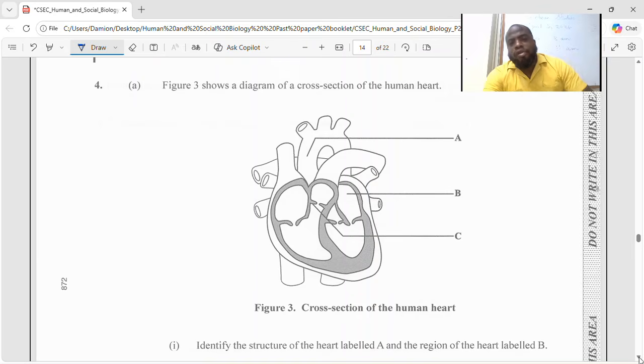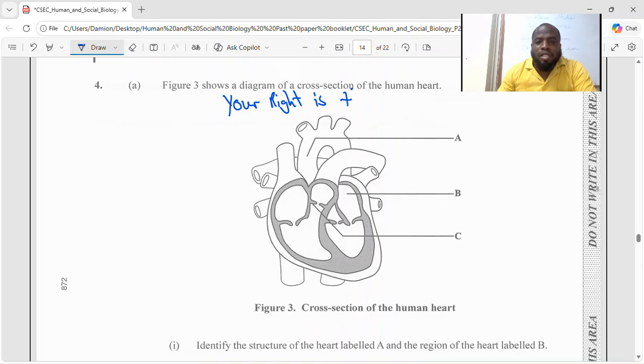So question 4, we get a diagram of the heart. We know that when we get a diagram, your right is the diagram's left. So on this side, this is the left side. All right. So we have some labels. We see A pointing to the aorta.